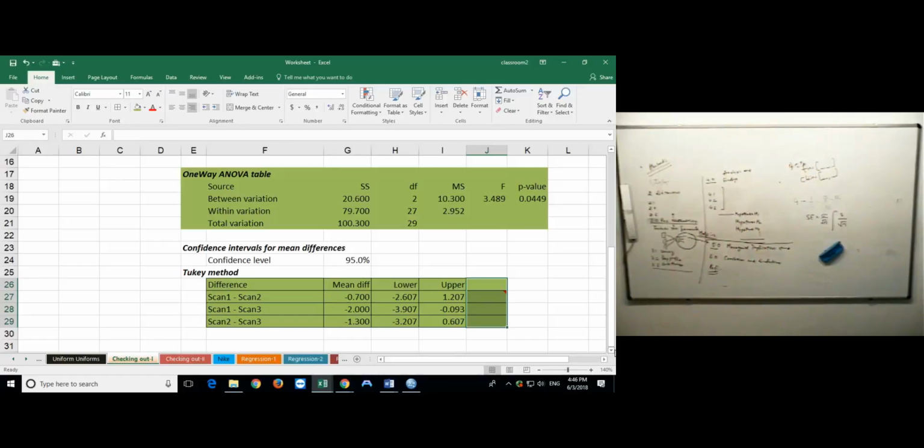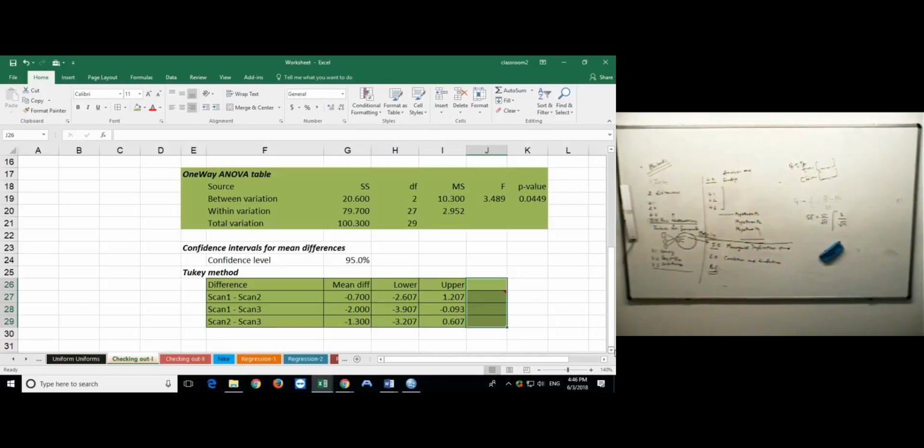Whenever you find that the signs of the numbers are identical, you can see lower and upper have negative sign or positive, either negative or positive, then you will say the difference is big, it is significant. And if the differences are of opposite sign, then you will say the difference is not significant. Is this logic synced in your head or not?